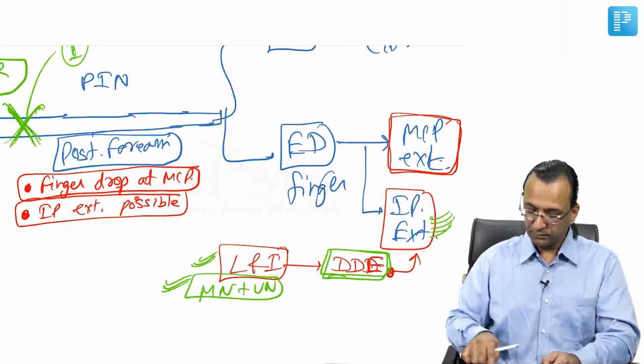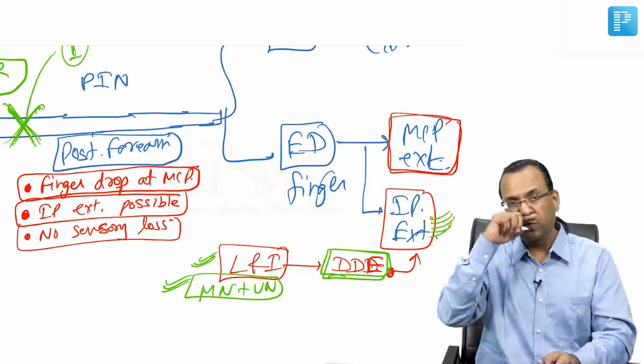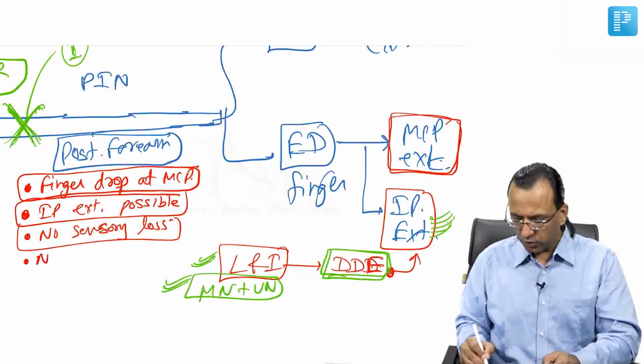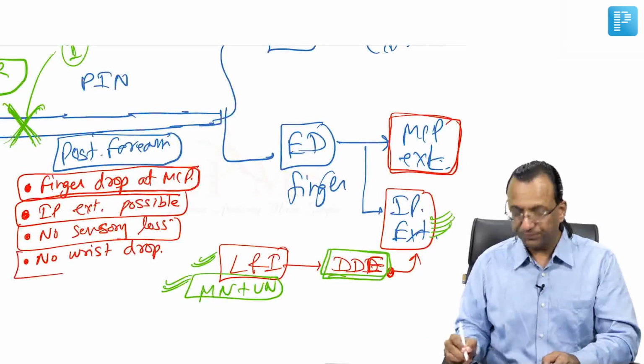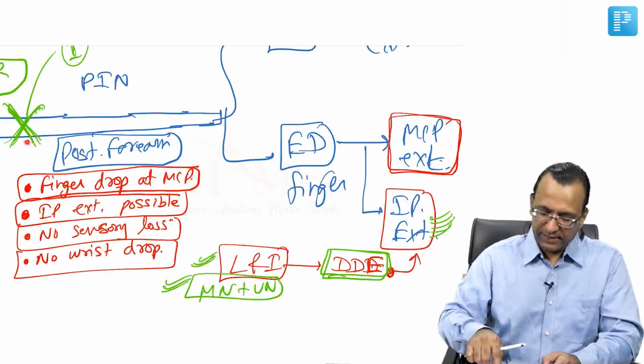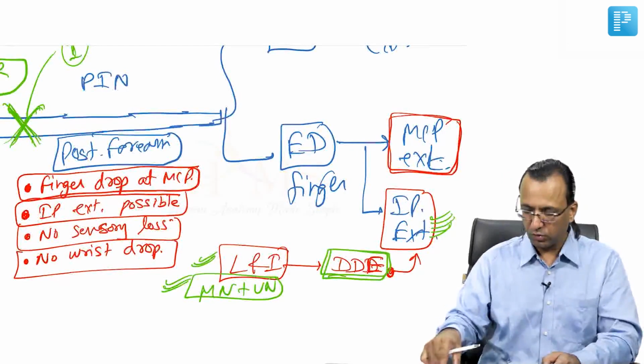Number 2, no sensory loss. Why is there no sensory loss? Because this is a pure motor nerve. It's a pure motor nerve, so no sensory loss. And no wrist drop. But why is there no wrist drop? Understand, wherever the nerve is injured, only the distal area is involved, not the proximal area.